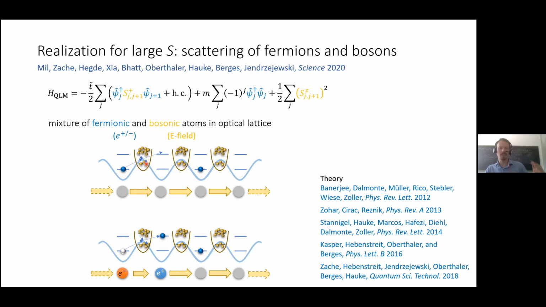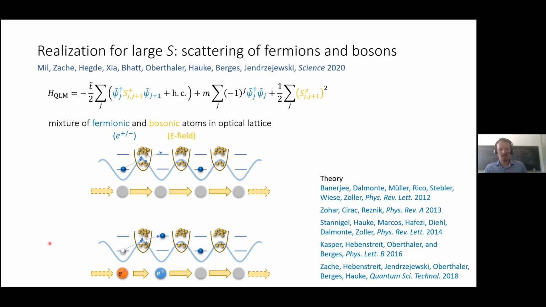And now the imbalance of these bosons tells us the spin, the tilt of the gauge link, so the level of the electric field. Okay, so we map this imbalance to the electric field, and then the basic process that we want is that one fermion goes from this side over here, and one boson goes from up here to down there. Then we have changed the electric field and we have moved a particle.